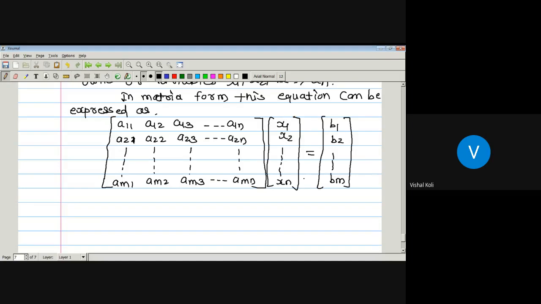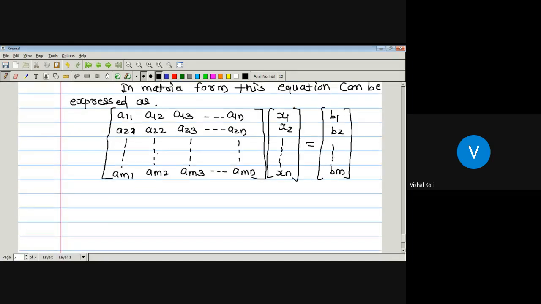Okay. Now, what is the order of this first matrix, that is, the matrix with entries a11, a12 up to so on a1n and last element amn?